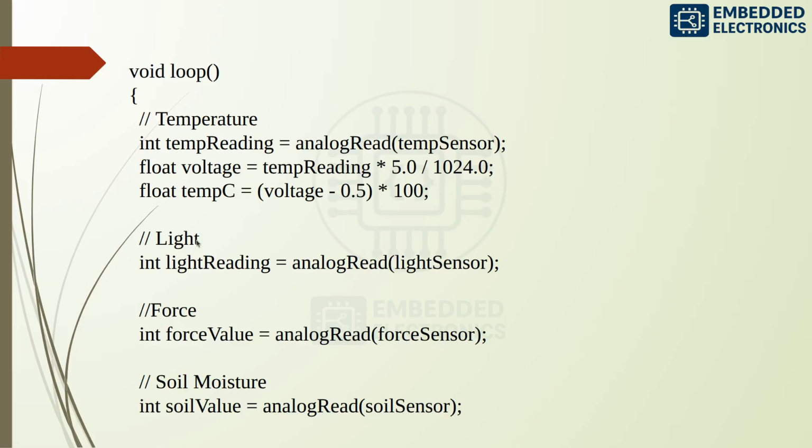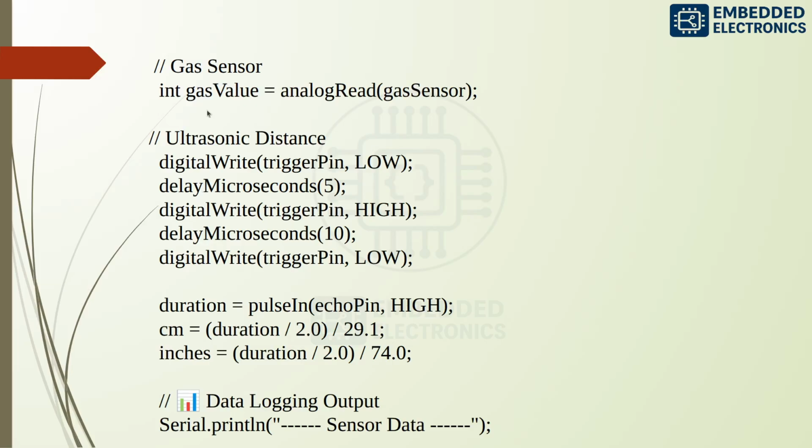And here you see the light sensor related code. It reads the light intensity value, it reads the force or pressure value, it reads the soil wetness level, and this one is for gas concentration level. And here you can see the distance measuring.